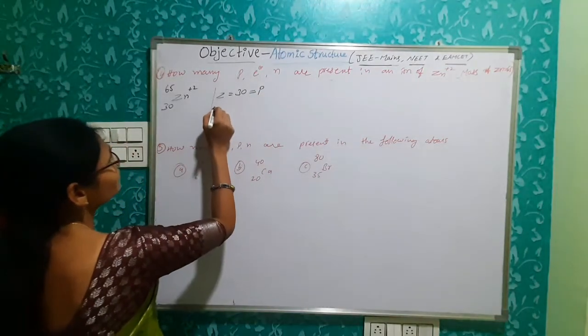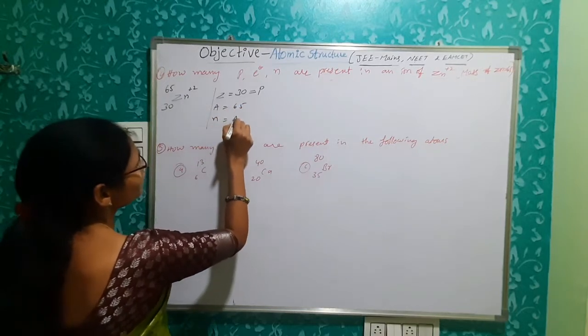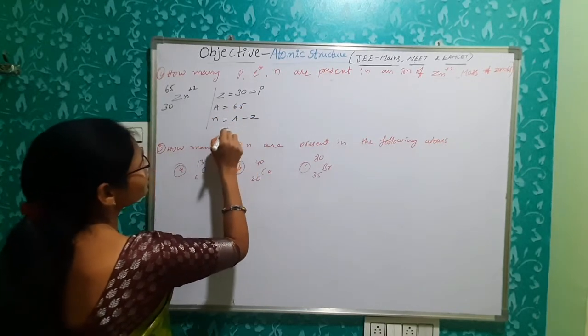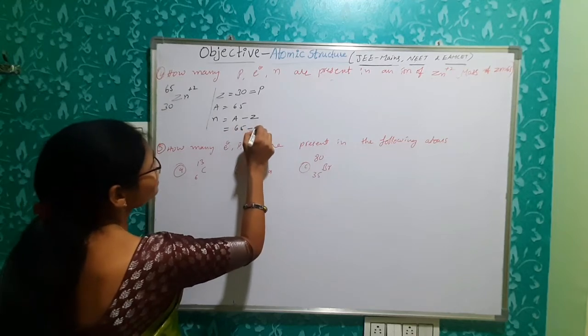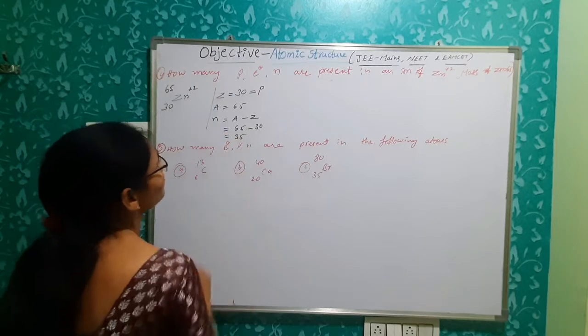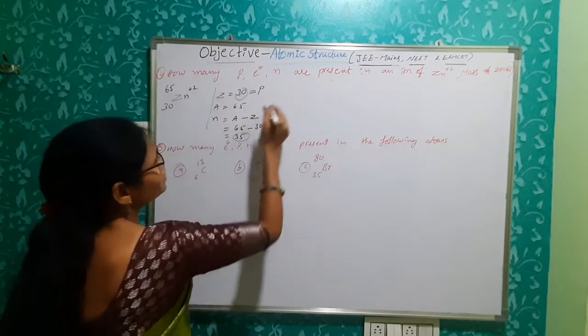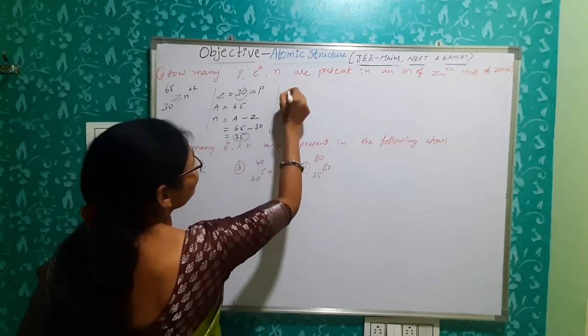So simply, mass number 65, neutron number A minus Z, is 65 minus what? 30. So how much? 35. Okay. So neutrons 35, protons 30. So how many electrons?